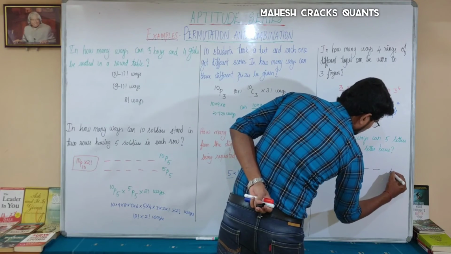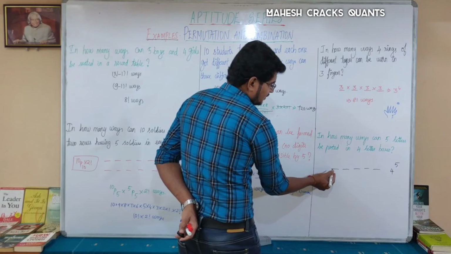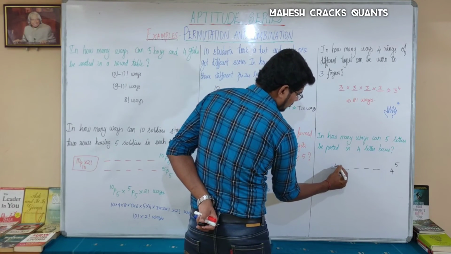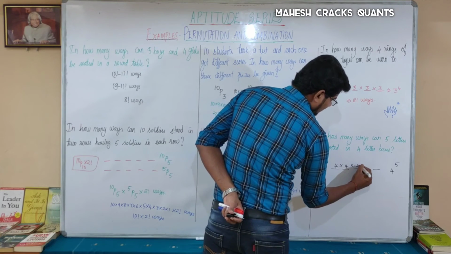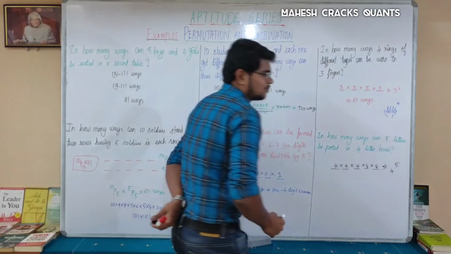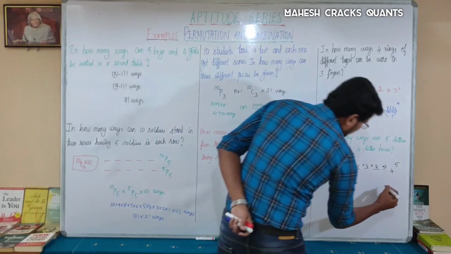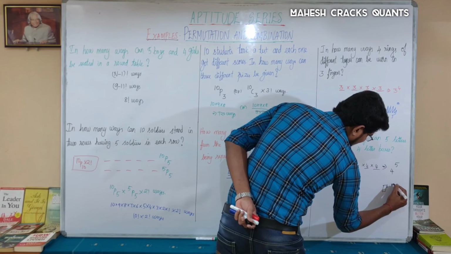So letter boxes 4 and power 5 is the answer. For the first letter I have 4 box choices, for the second letter I have 4, third letter 4, fourth letter 4, fifth letter 4. So 4 power 5.